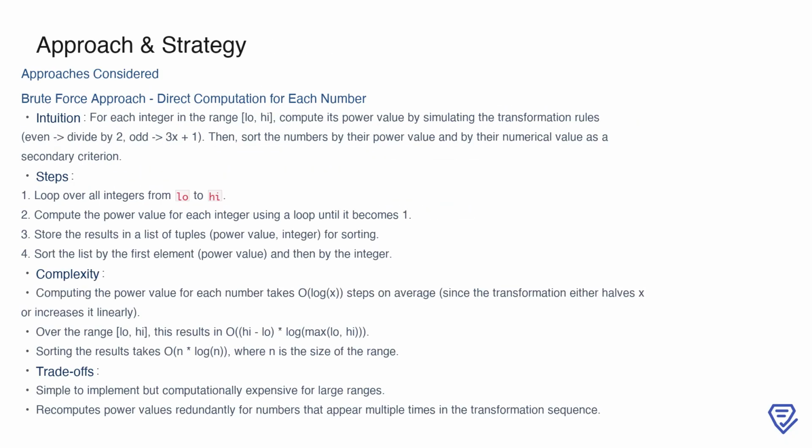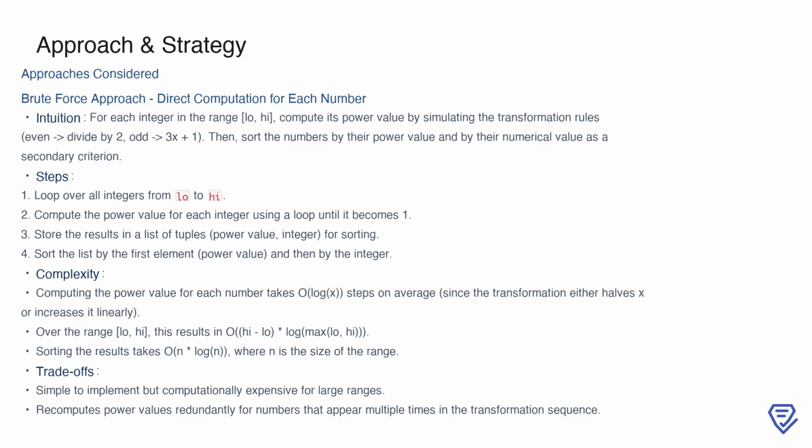To start, the brute force approach involves directly computing the power value for each integer in the given range, low, high. The intuition here is straightforward. For every number, we simulate the transformation rules iteratively until the number reduces to 1. Specifically, if the number is even, we divide it by 2; if it's odd, we apply 3x plus 1.